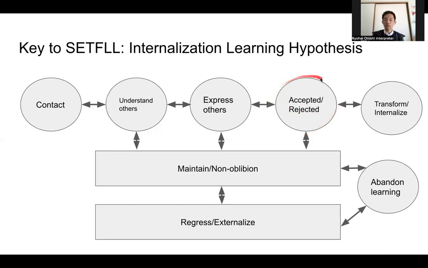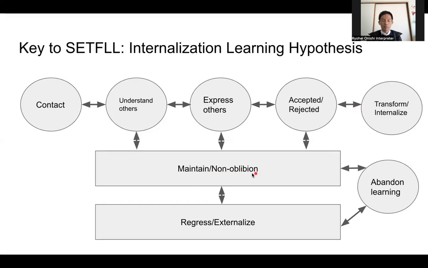And based on this judgment, you can transform yourself and you can internalize sustainability issues. You can internalize other people's opinion of sustainability into you, right? This is a success scenario. But if it does not succeed, then you go back to just maintaining your learning, or non-oblivion.